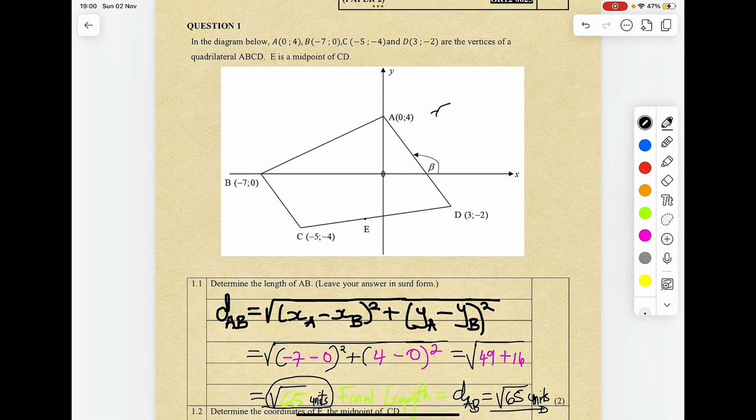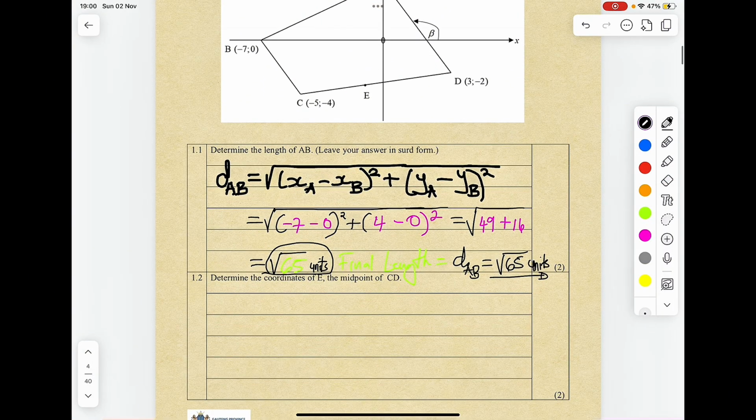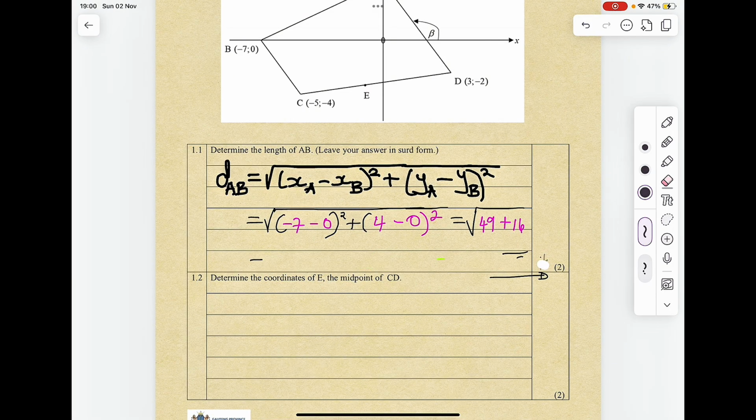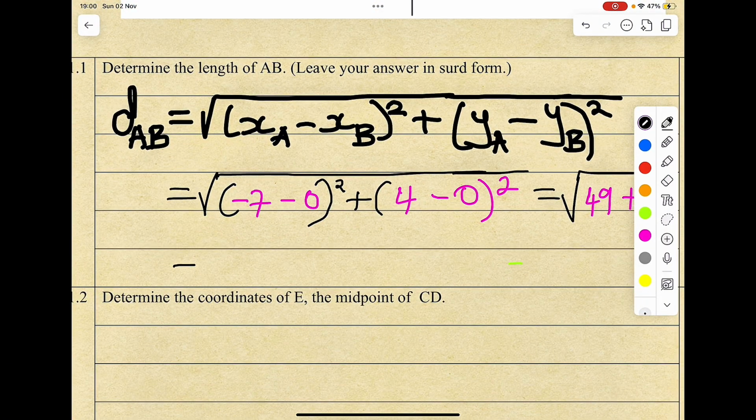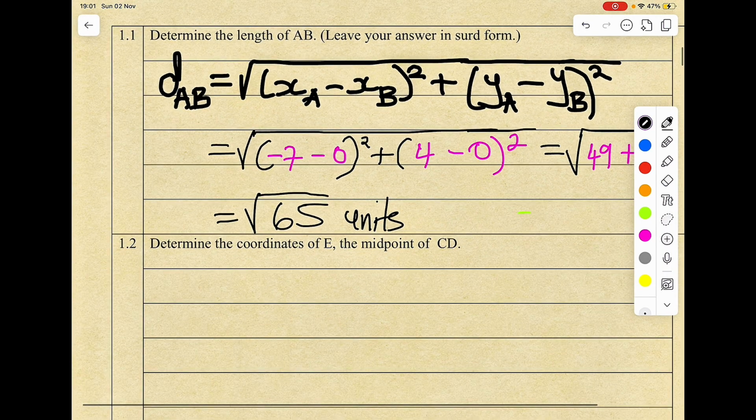Try to clean our drawing a bit. It's a little bit messy, I'm not appreciative of it. I could have done a better job. I know myself. You should leave it in surd form, you see. This is surd form.